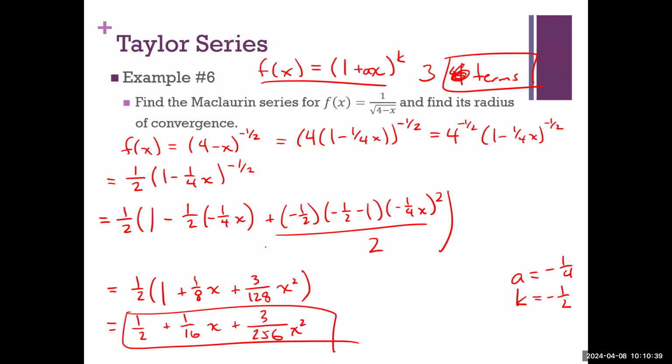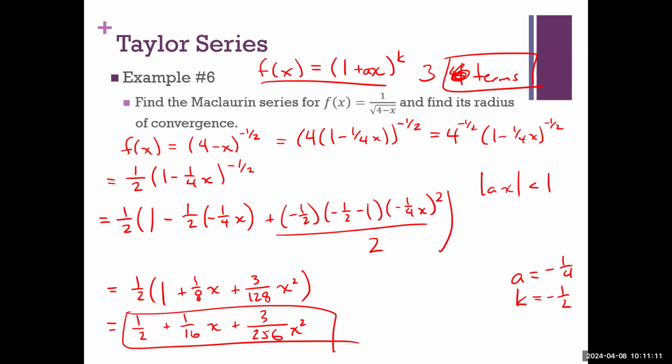One thing we haven't talked about yet is where these converge, so what their radius of convergence is. For these it's actually kind of complicated, but in general, the biggest thing we can say for sure is that if the absolute value of this second term, ax, is less than 1, we have convergence. This is a general rule that you can follow.